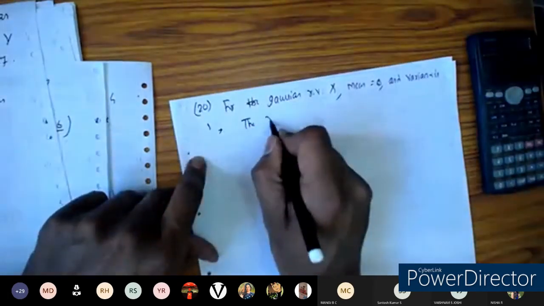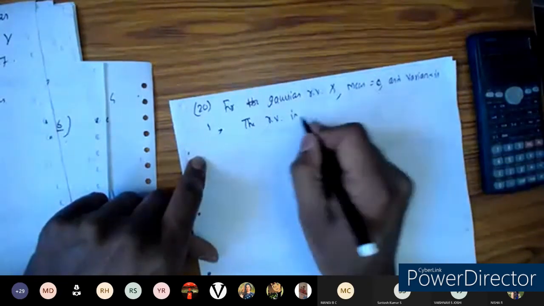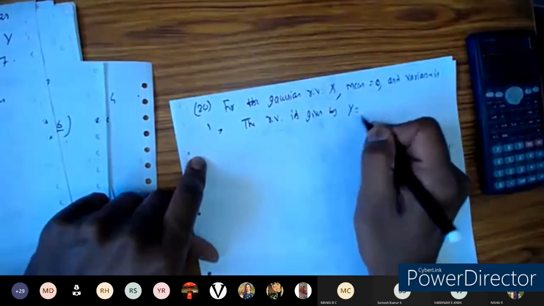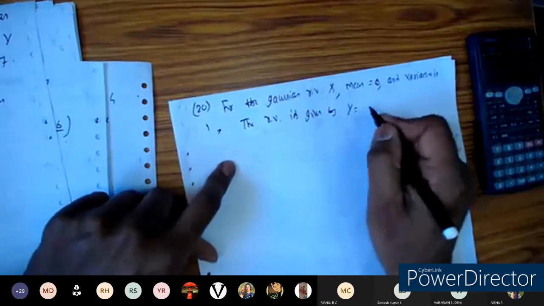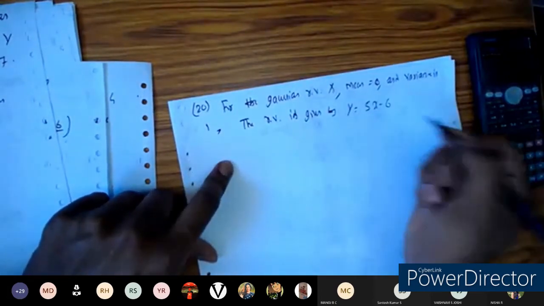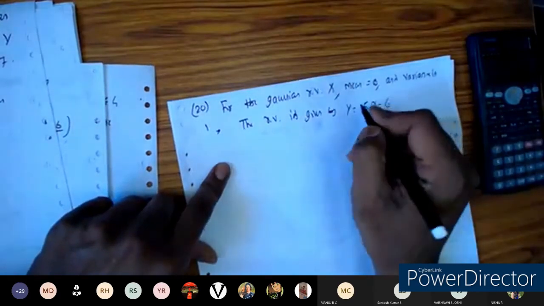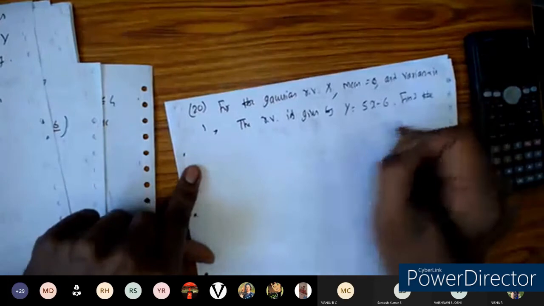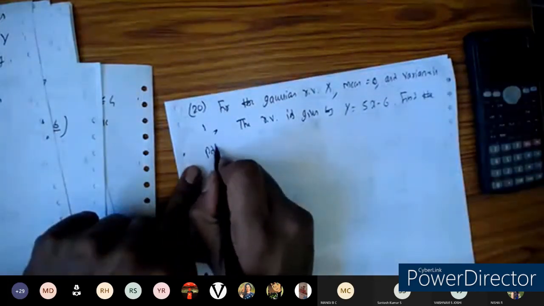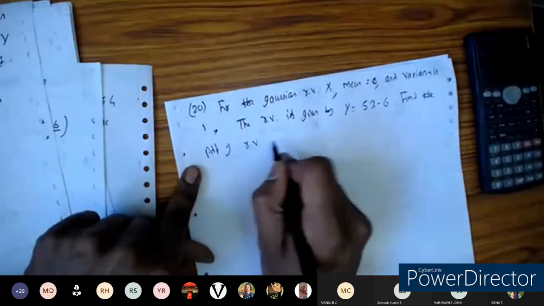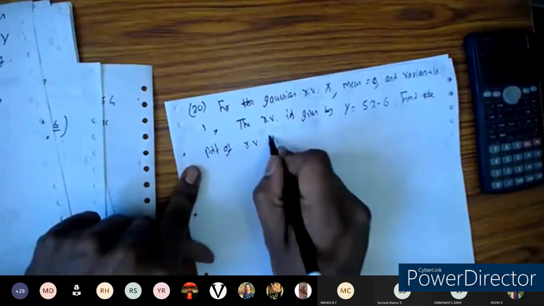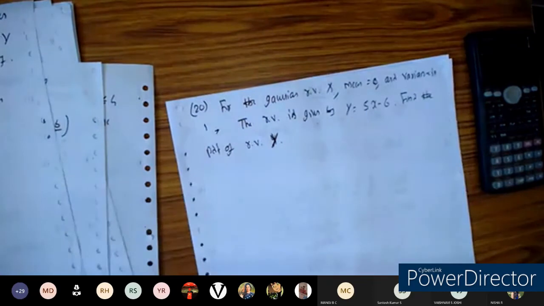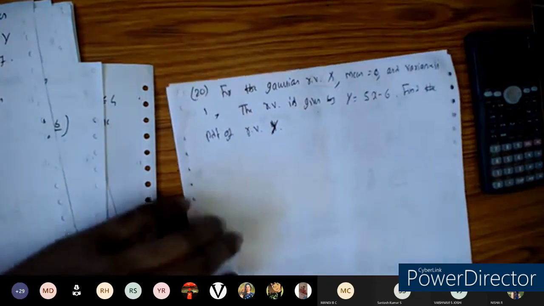The random variable Y is given by Y is equal to 5X minus 6. Find the PDF of the random variable Y.